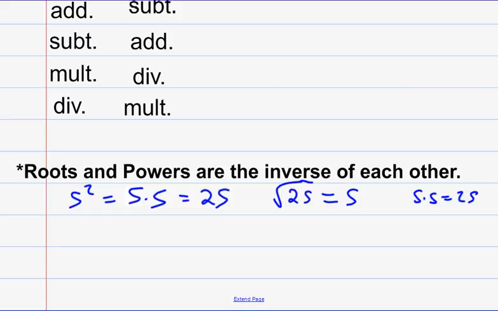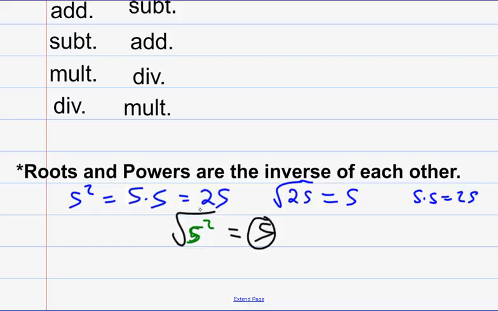If I take 5 squared and I want to get rid of the exponent and do the inverse, if I take the square root of that thing, the square root of 5 squared, you're left with just 5. That cancels out the exponent.